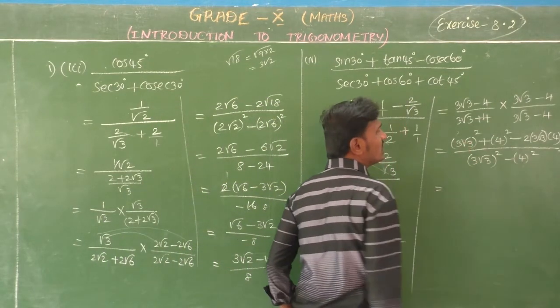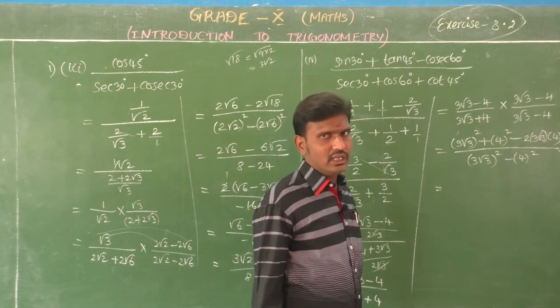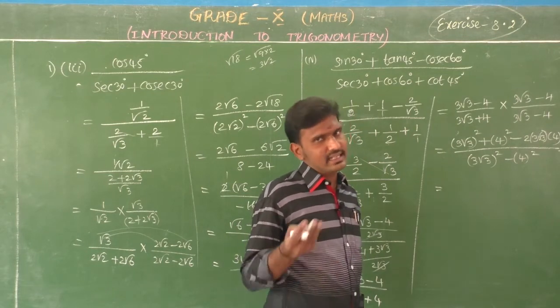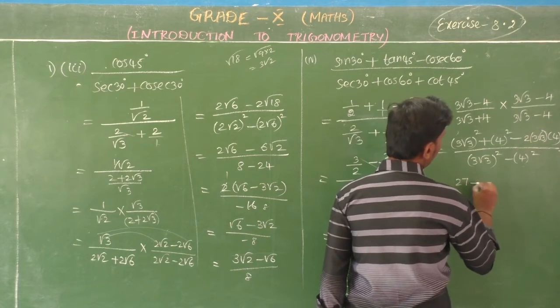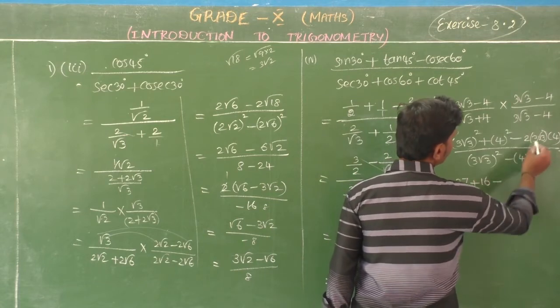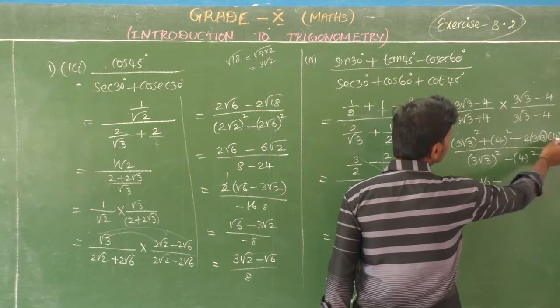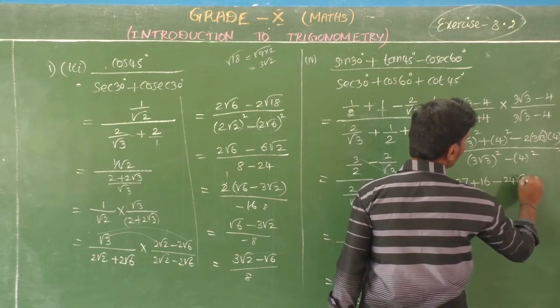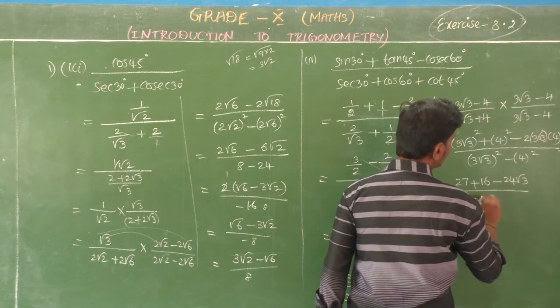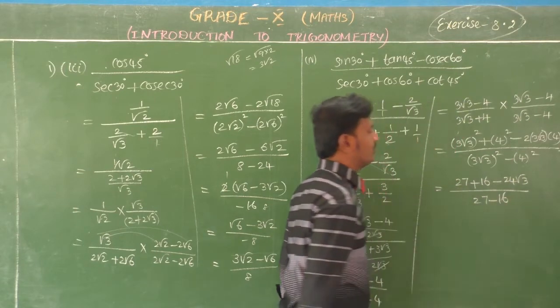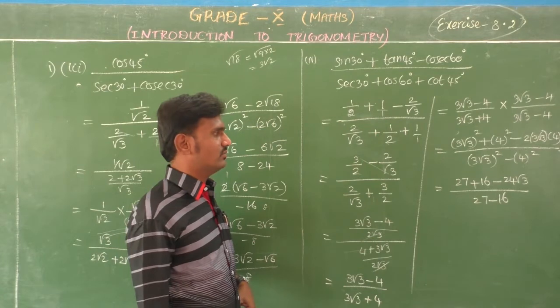Now (3 root 3) the whole square is 3 square, that is 9, and root 3 the whole square is 3, 9 3s are 27. So 27 plus 16 minus 2 3s are 6, 6 4s are 24 root 3, the whole divided by, so the same (3 root 3) the whole square is 27 minus 16, 27 minus 16.